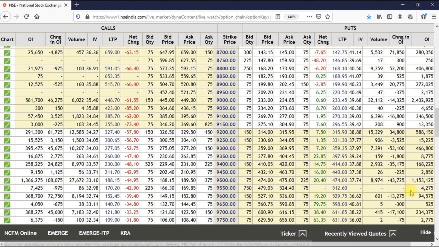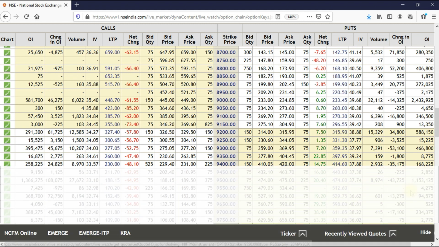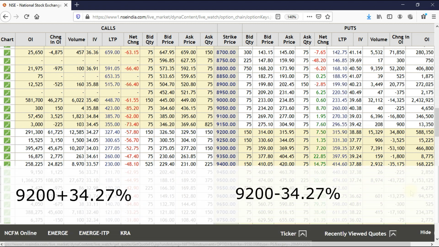That means Nifty can move between 9200 plus or minus 34.27% within 1 year, that is 12,352 to 6,047. And this happens for one standard deviation. One standard deviation means the probability of closing between these two prices is 68%.